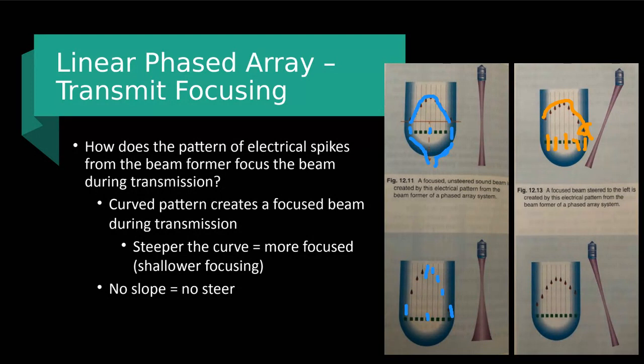Because we have that delayed electrical spike from the middle, we're going to be focusing. And because we have that slope, we're sending in the pulses on the right side a little bit earlier than on the left side, so we're now going to be steering in this direction. Remember, you want to draw that perpendicular line to the slope, and that will tell you the direction that you are steering in.